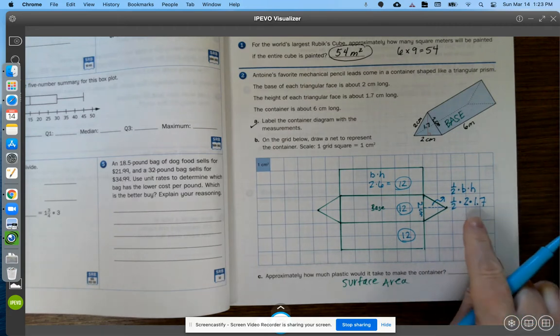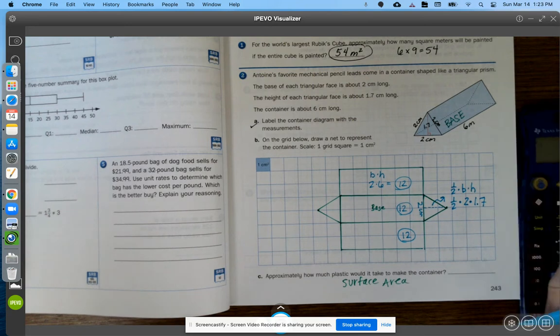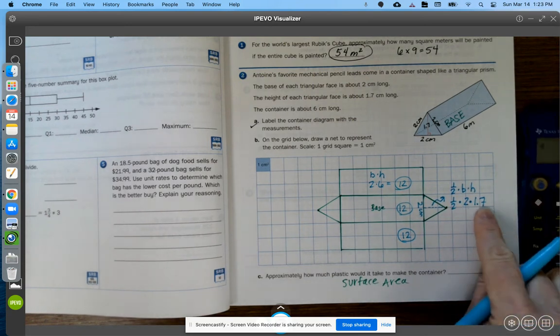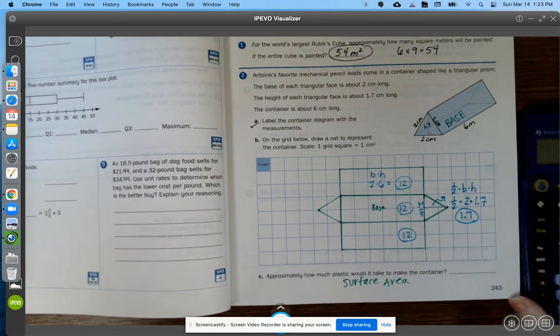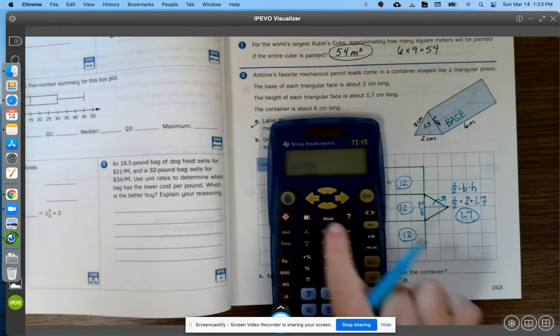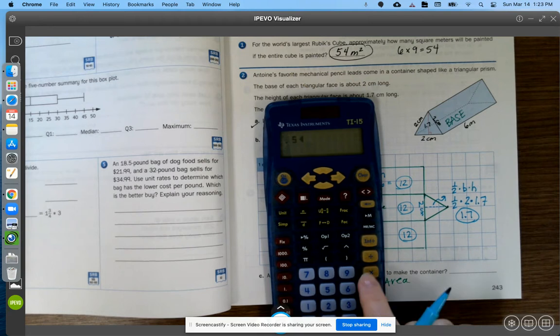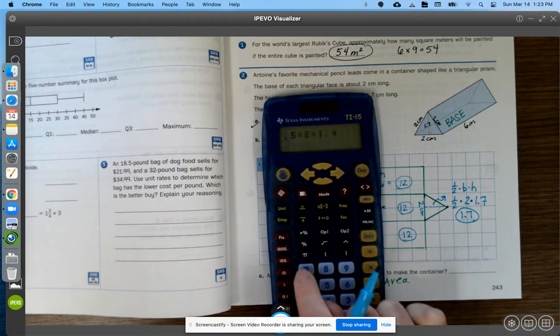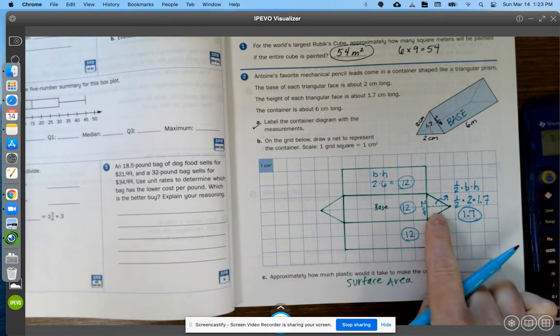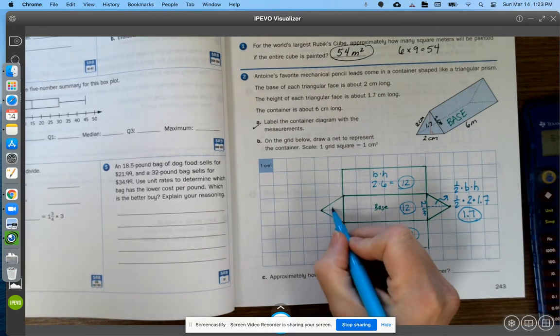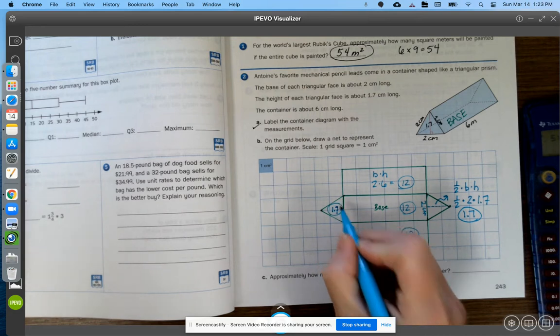And if we do that, we should get 1.7 because half of 2 is 1, and 1 times 1.7 is 1.7. We can check that in our calculator just to be sure. So 0.5 times 2 times 1.7 equals 1.7. And so this is 1.7, and guess what? The matching one over here is also 1.7.